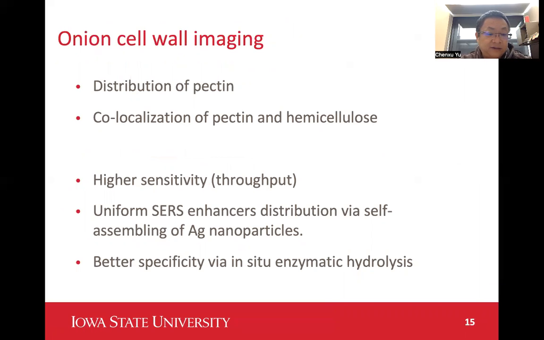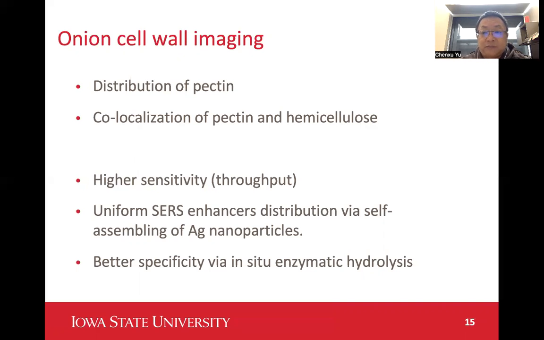And next, I'm gonna show some of the results that we have obtained. So in a nutshell, we wanted to find out about the colocalization of pectin and hemicellulose. And we wanted to be able to obtain a higher sensitivity and a higher specificity as well.